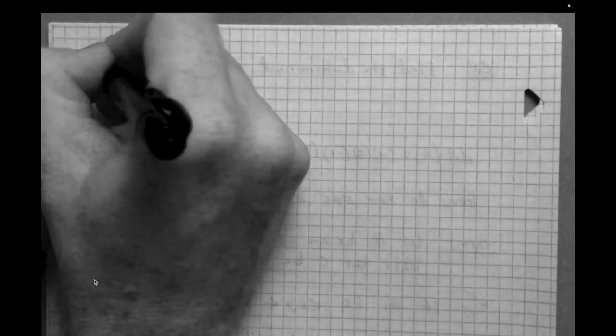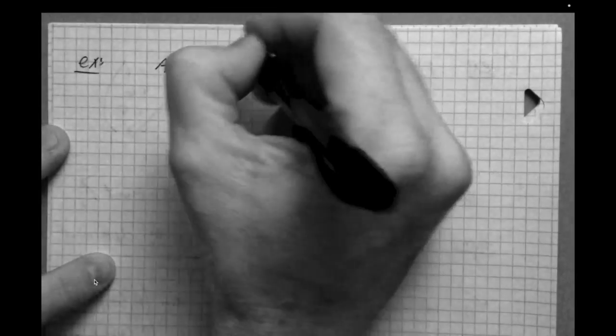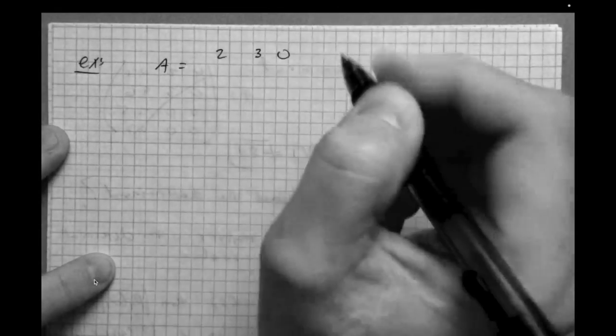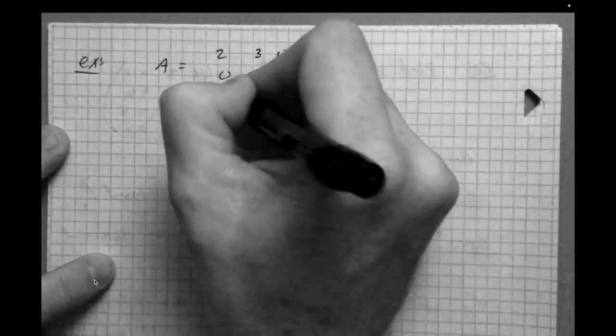Okay, let's do another example, kind of a simple one, just to see how these pan out. Let A equal [2, 3, 0; 0, 0, 1; 0, 3, 4].